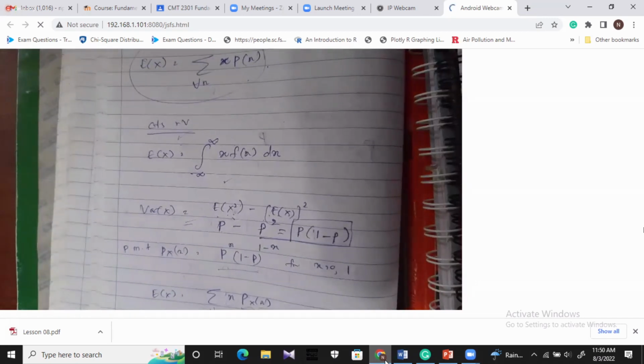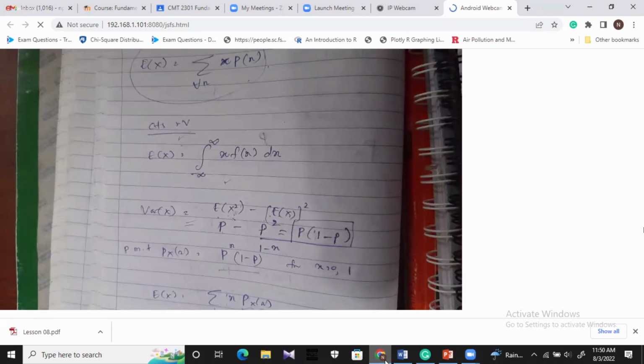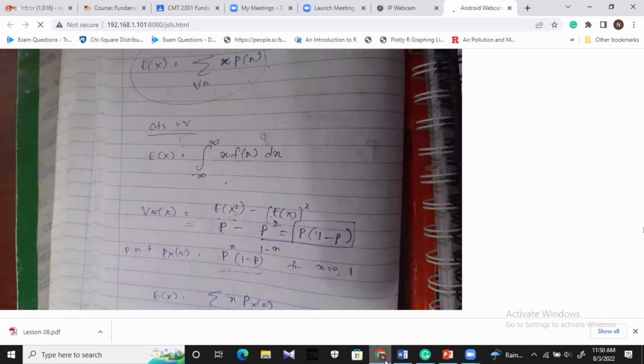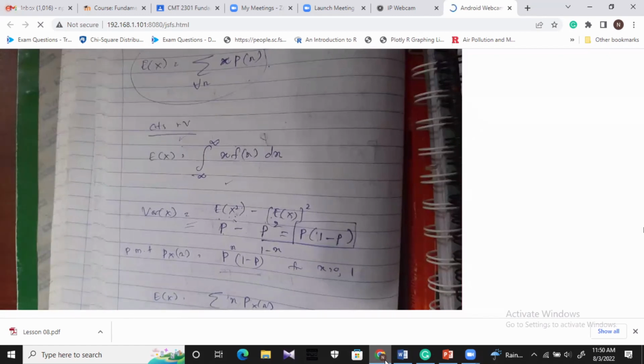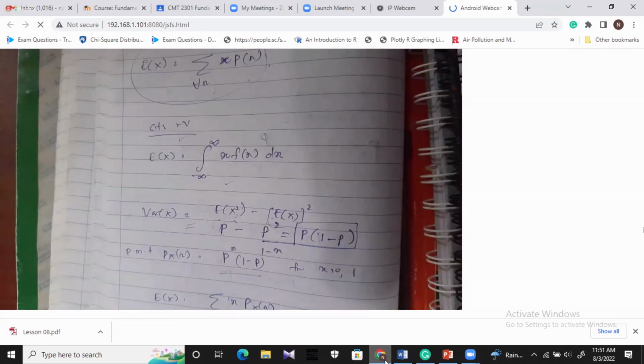Understand? So for any probability distribution, we should know its mean and the variance. Then it would be better for us to find particular probabilities. If we know the random variable, either it's a continuous one or a discrete one, then we can find its probability distribution, either a probability mass function or a probability density function. If we know the probability density function or probability mass function for a particular random variable, then we can find any probabilities.